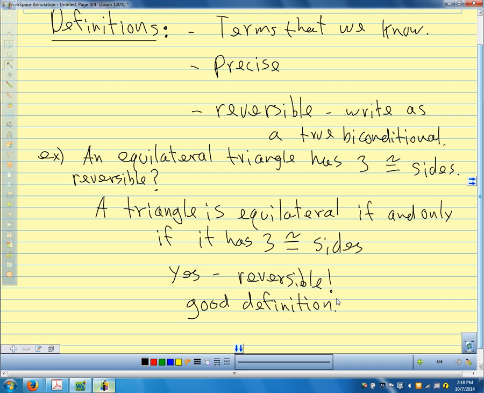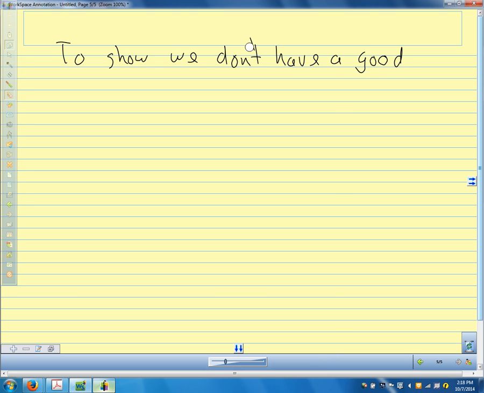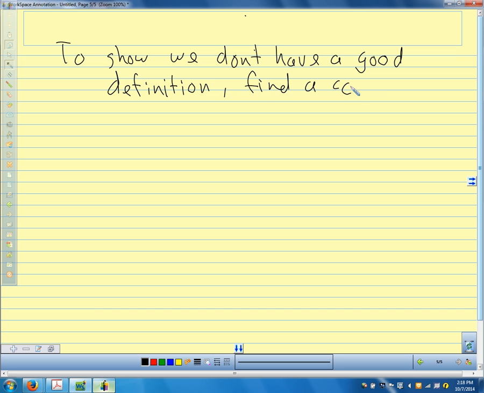To show that we don't have a good definition, we find a counterexample. Counterexamples are very, very powerful.